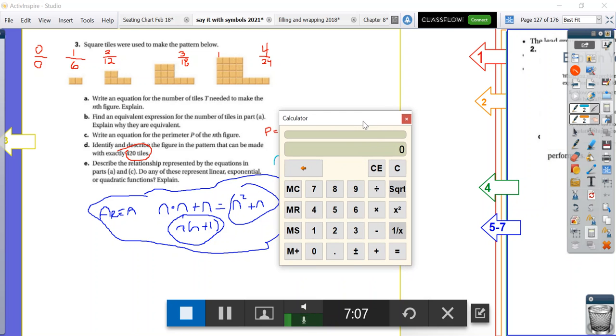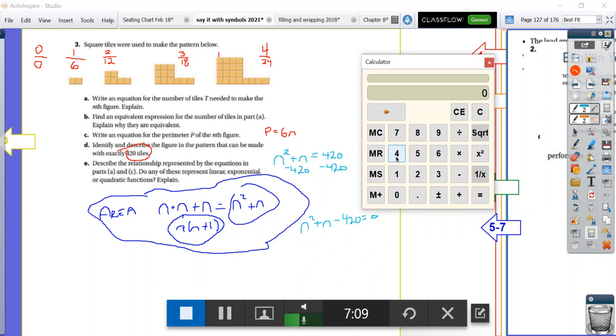So a quick little trick on this one is I'm going to take the square root of 420. It's going to be irrational, and that's okay. But that is telling me that one of my numbers is going to be a little bit larger than 20.49, and the other number is going to be just a little bit smaller than 20.49.